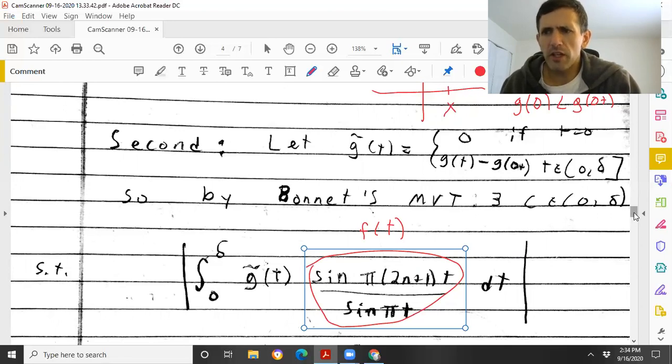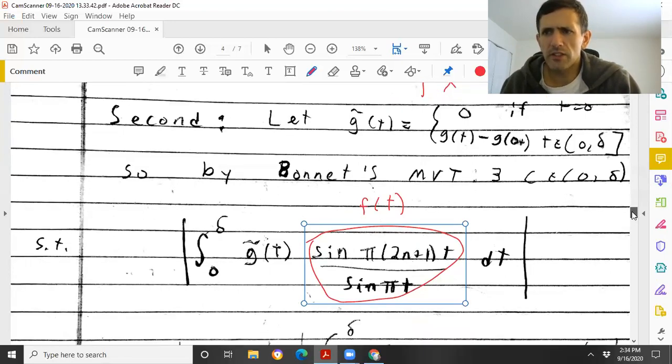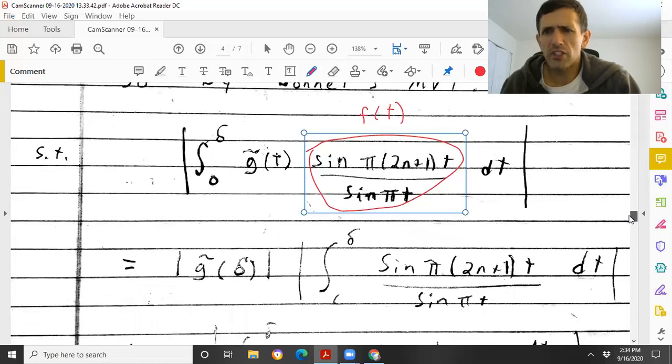That gives me that there exists a c between 0 and delta where this whole thing is going to be this integral right here.